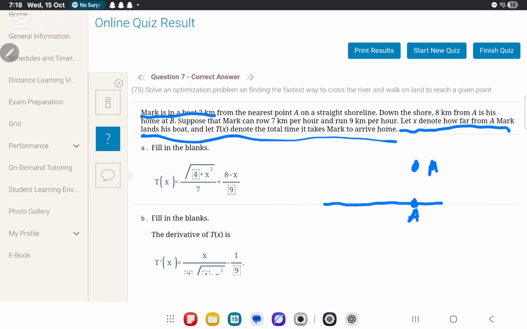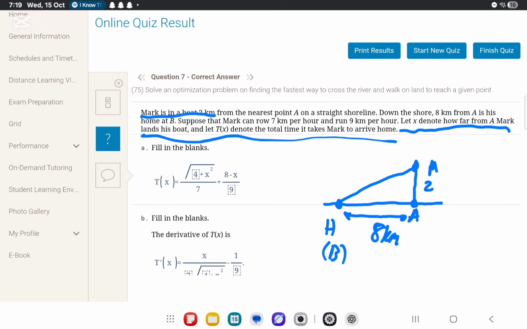His home is B. This is 8 kilometers. So this is essentially, if you think about it, like this, and how far is this from each other? 2. So this is 2.